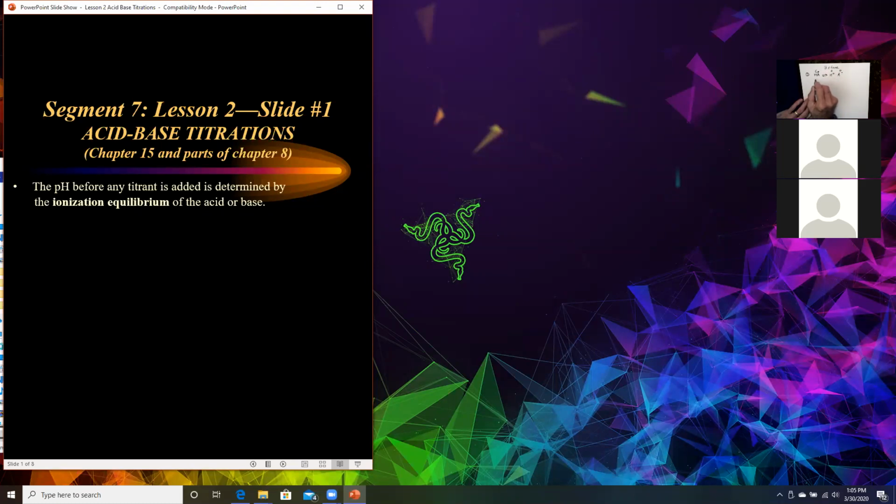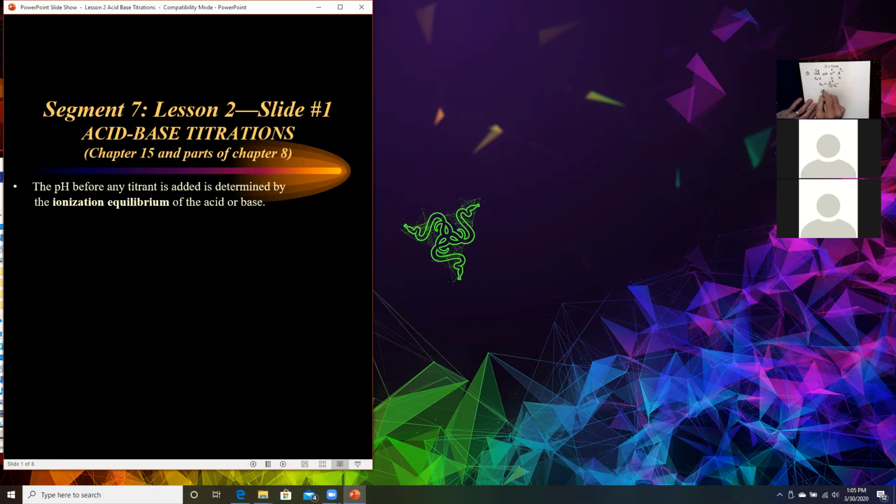And then at equilibrium, you'd have C0 minus X, and you'd have X here and X here for the concentration of these two ions. And then the Ka is going to be X squared divided by C0 minus X. The way we've done our successive approximations is cross multiply.